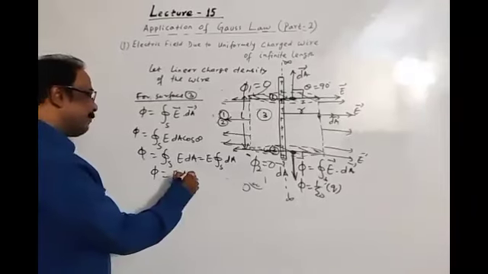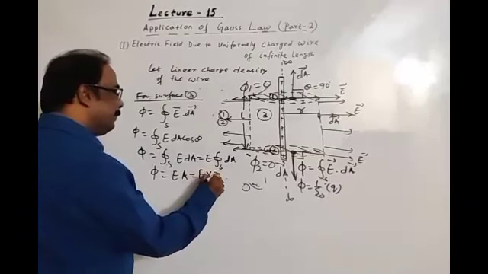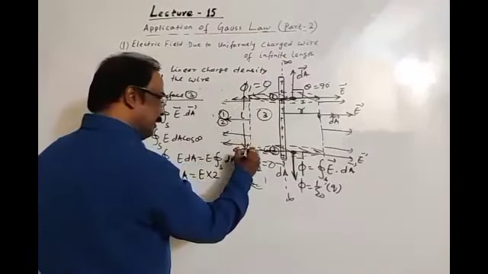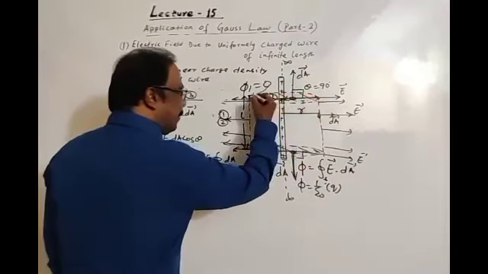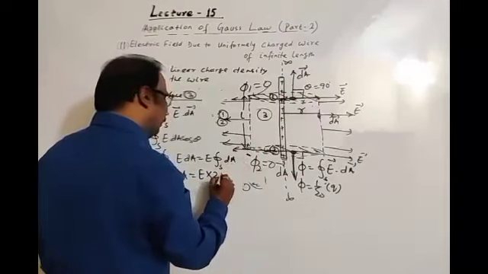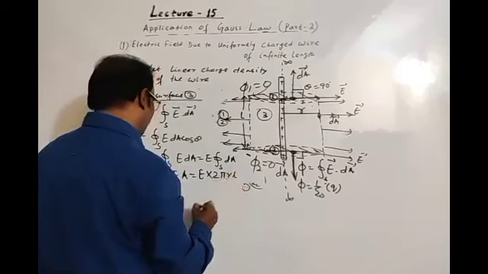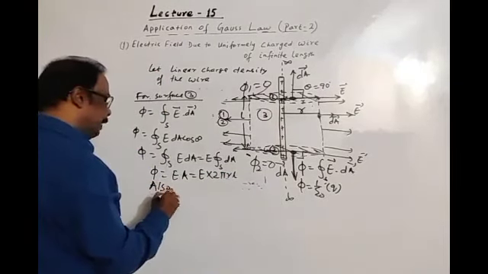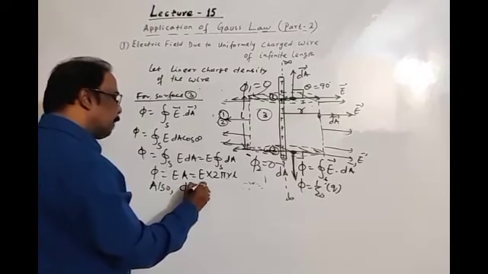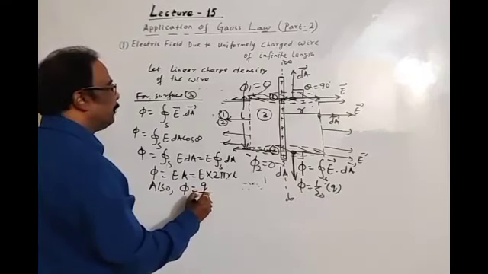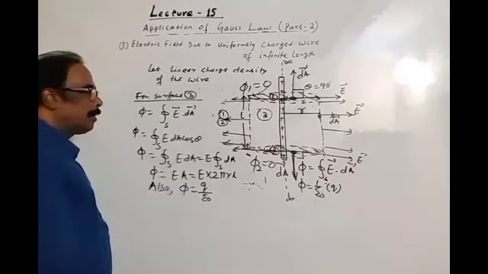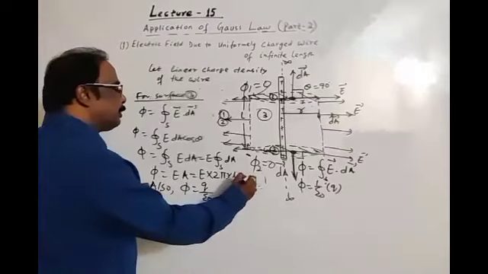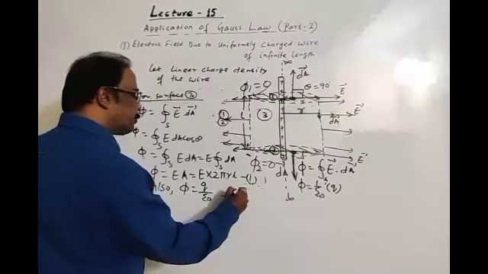Then its surface area is length L times circumference, with radius of cross section R, so total area is 2 pi RL. This is flux also. According to Gauss law, flux is Q divided by epsilon naught. Now this is equation 1, this is equation 2.